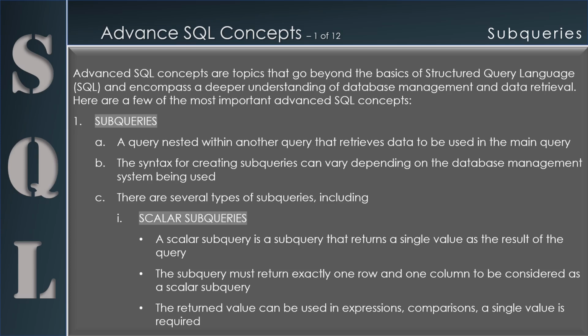There are several types of subqueries. Firstly, scalar subqueries. A scalar subquery returns a single value as a result, and the subquery must represent exactly one row and one column. The return value can be used in an expression, comparison, or anywhere a single value is required.